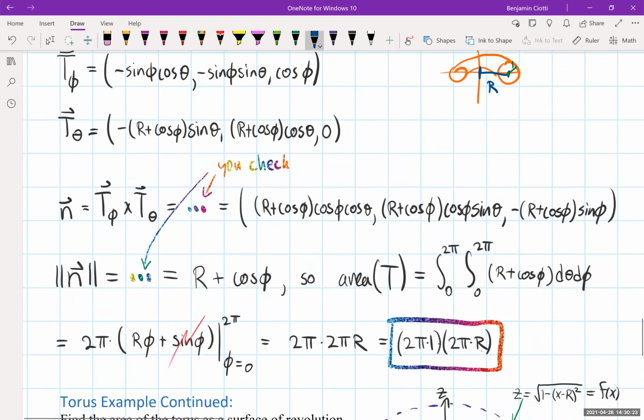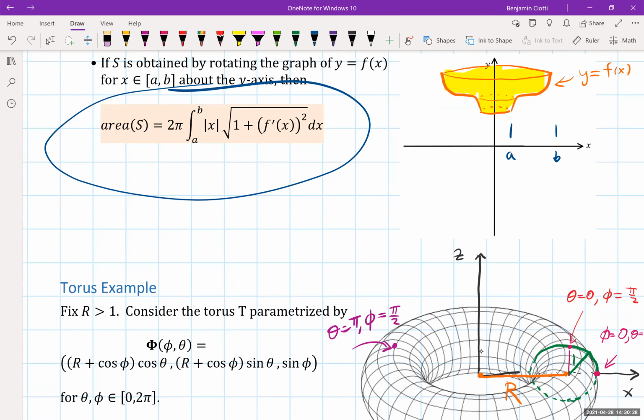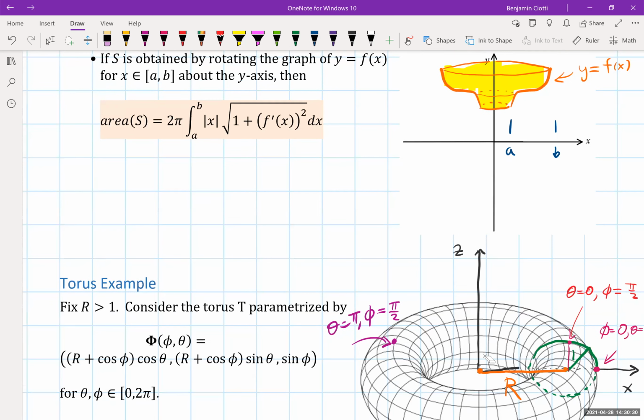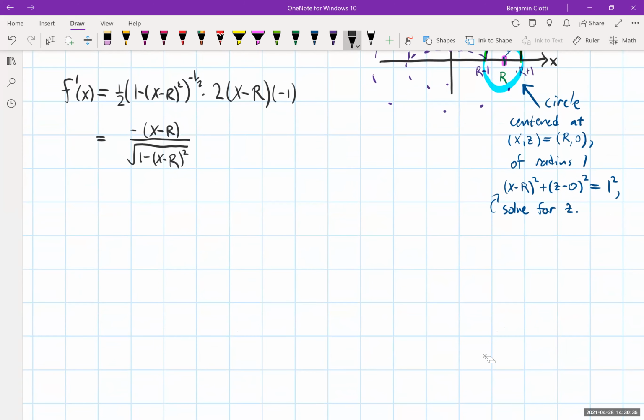So I now want to use the formula. Let me just show you the formula I want to use real fast. This one. Okay. So plugging that into that formula, I'll have that the area of the torus is, I'm going to stick a 2 since we're only doing the upper half. So I need to double my answer.